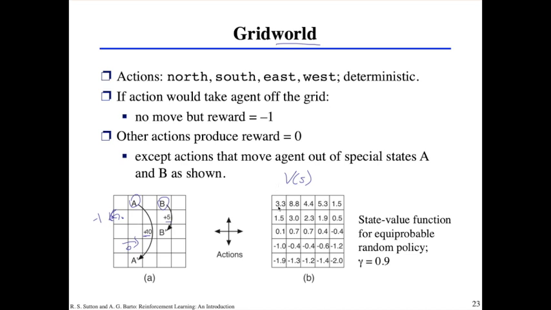We could just number them: state 1, state 2, state 3, or maybe you call the states (1,1), (1,2), (1,3), etc., and then you have (2,1), (2,2). So there are 25 states. We have a discount factor here of 0.9, and we're saying that this is the optimal value function. After you solve all those equations, this is what you get.